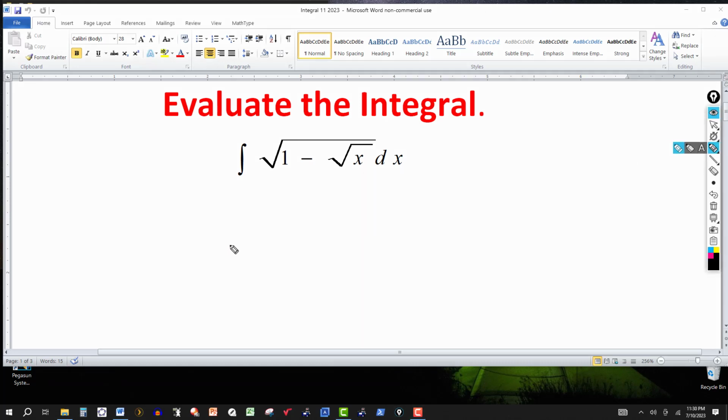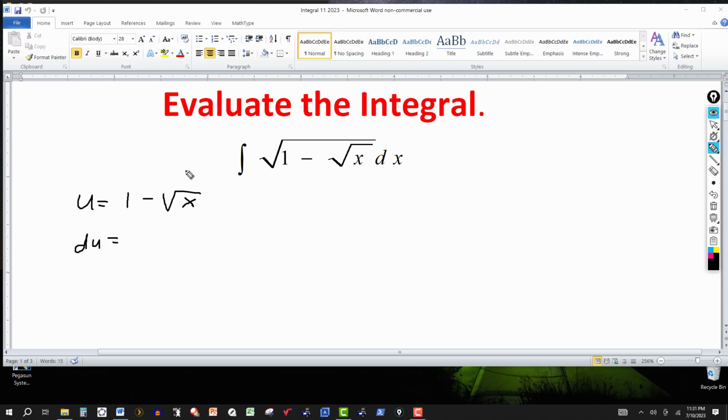Okay, I'm going to use a standard u-substitution. I'm going to let u equal what's under the outside radical there, 1 minus the square root of x. So du will equal, the derivative of 1 is 0, and the derivative of minus the square root of x.